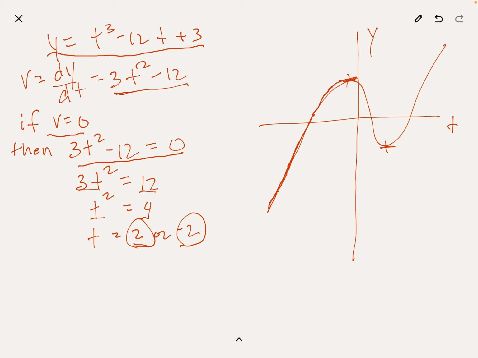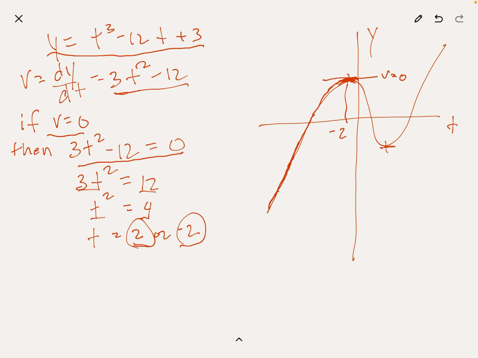And then right here it reaches a local maximum, not an absolute maximum, but a local maximum. When y arrives at a local maximum, that means the velocity, the slope, equals 0. And we said one of those values is negative 2.